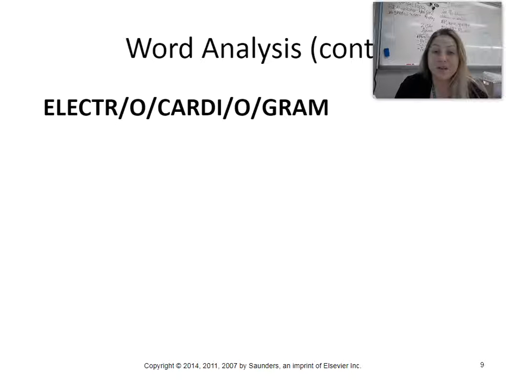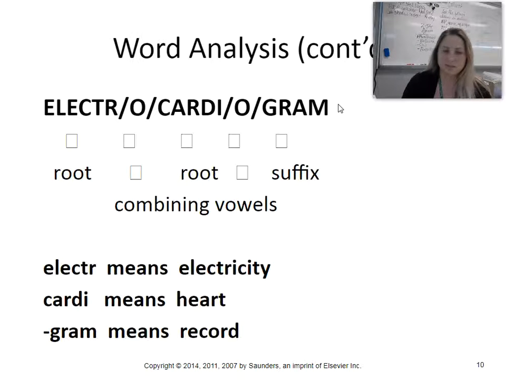Also write down how many combining forms we have. Okay. Do we have a suffix? Well, we determined that every word is going to have a suffix in medical terminology. So let's start there. We have one suffix, we have two root words, and we have two combining vowels. So that means that we have two sets of combining forms.